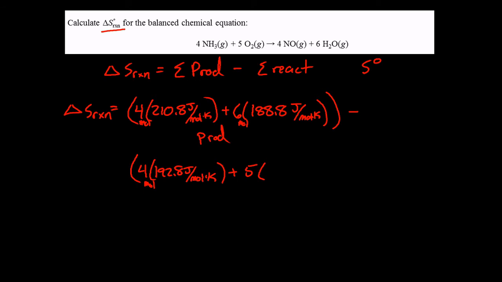I say that there are actually a few things, if you look at the table, that have negative standard entropy values. But the only situations where that is the case is where you have ions in aqueous solution, and that negative entropy value is because it's providing order to the water around it.